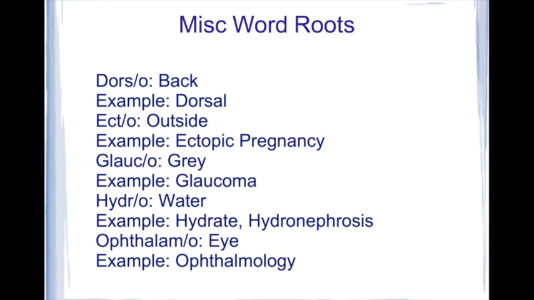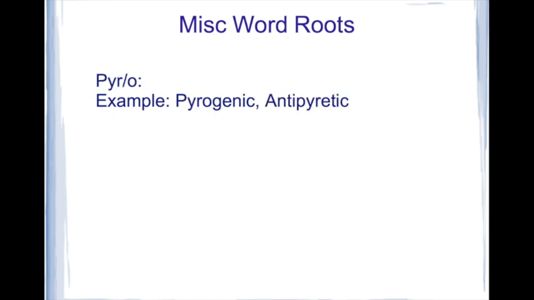So moving on. Pyro, like pyrogenic or antipyretic. An antipyretic is a type of medication. The prefix anti means against, so it works against something specific. When we see pyro, we think fire, right? What does fire create?